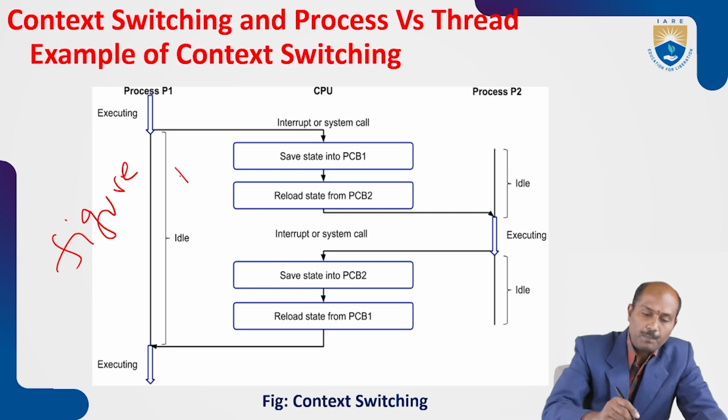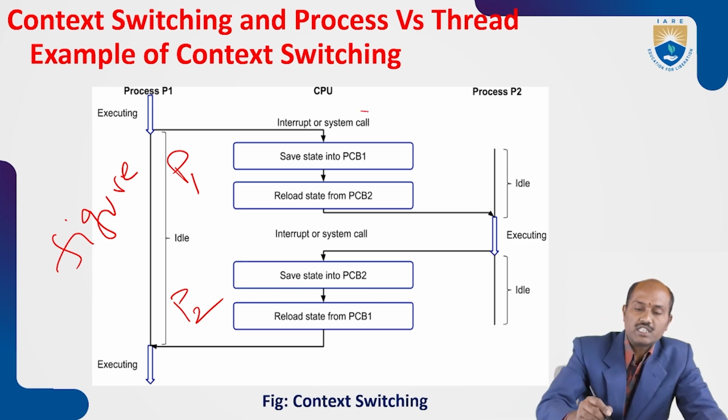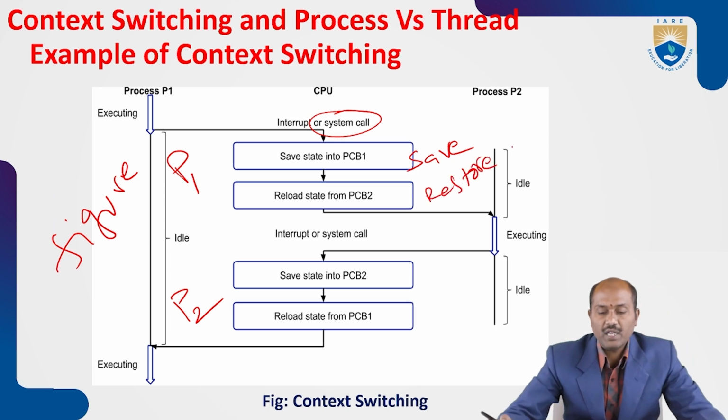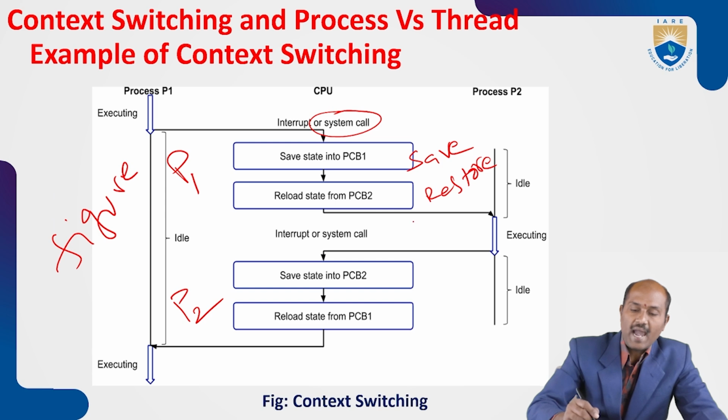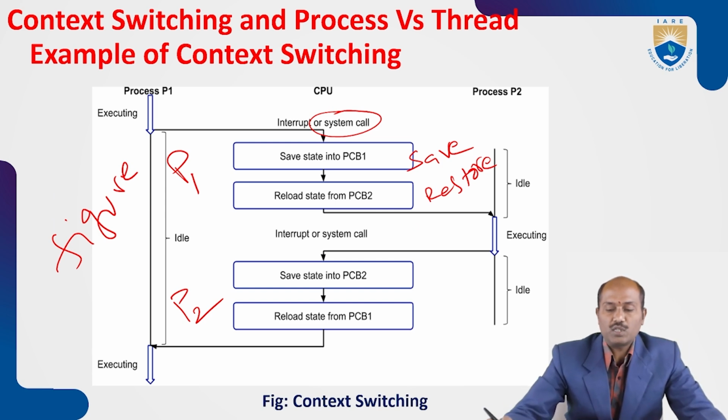Suppose process 1 comes, then it goes to process 2. Once a system call or interrupt comes, it goes to save state. Then it goes to restore state. After that the CPU is idle for a time because it gives a chance to the next process.